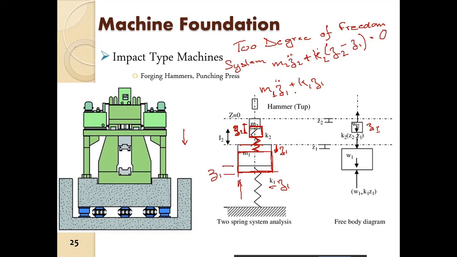Now apart from that, in this spring the upward force is k2 into z2 minus z1.